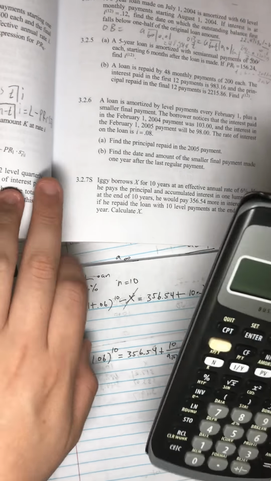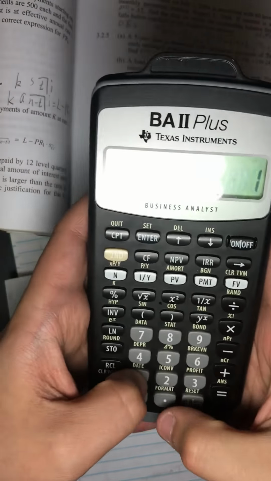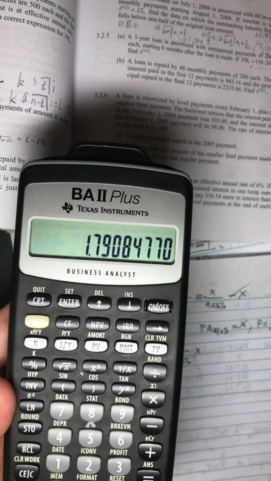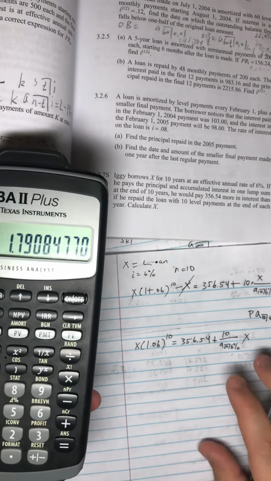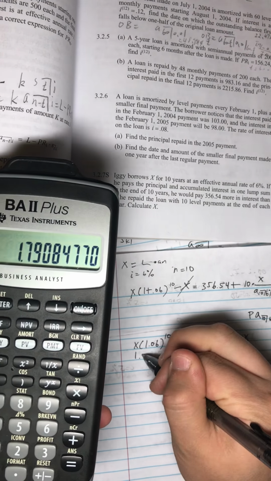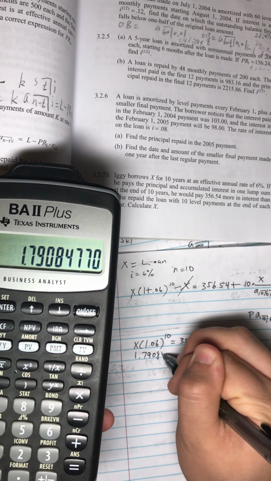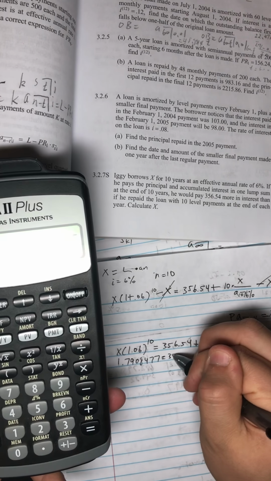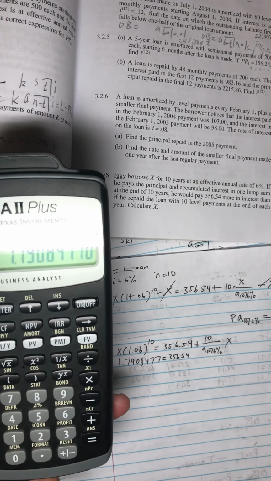So using our calculator, 1.06 to the 10 equals 1.7908477. I'm going to try to be as accurate as possible. And then we have 356.54.